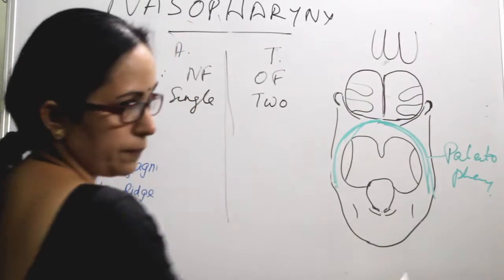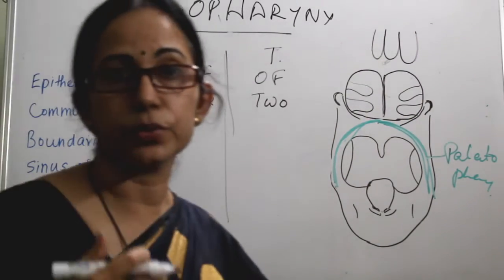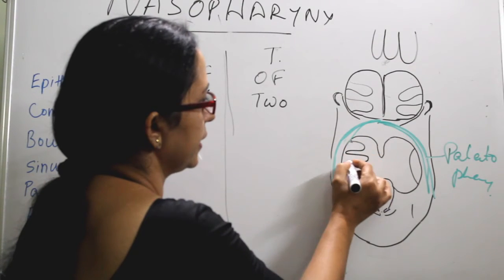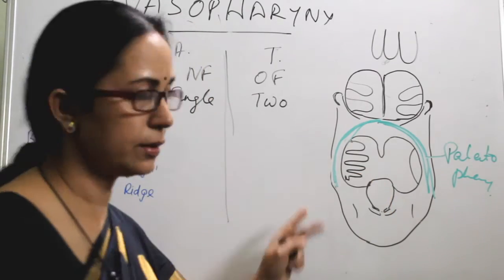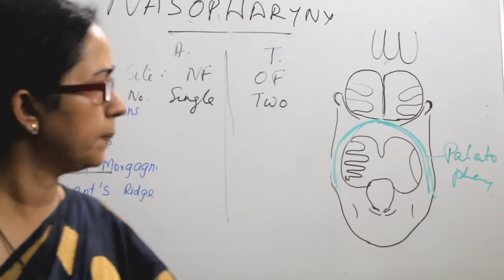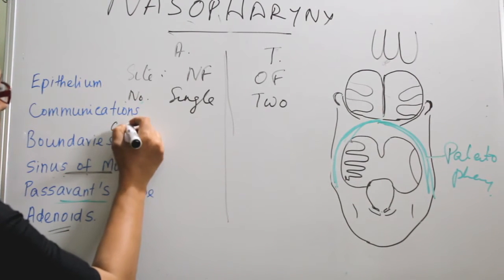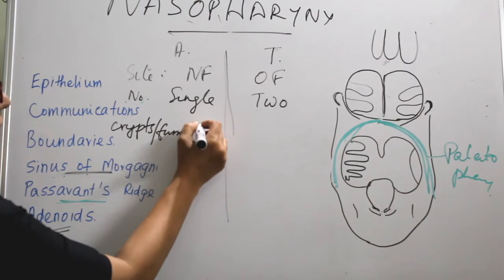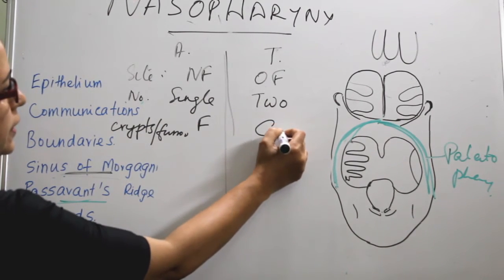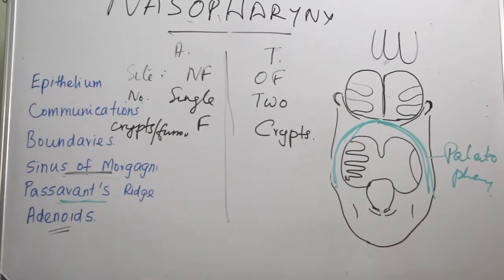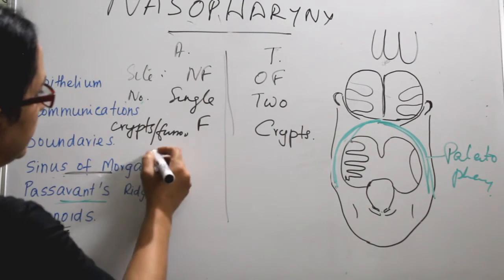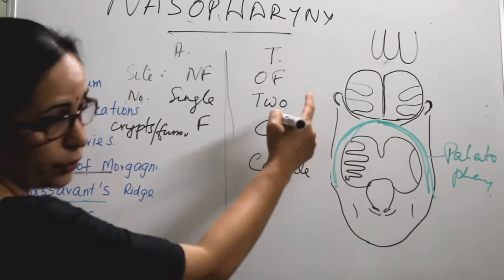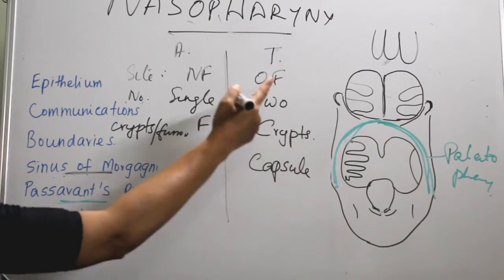There are only vertical furrows for the adenoid, but for the tonsil, it is like this. On the medial surface of the tonsils, crypts are present. So crypts versus furrows. Here it is only furrows, and here come the crypts. And another thing, a capsule is present in the case of the tonsil, and there is no capsule for an adenoid.